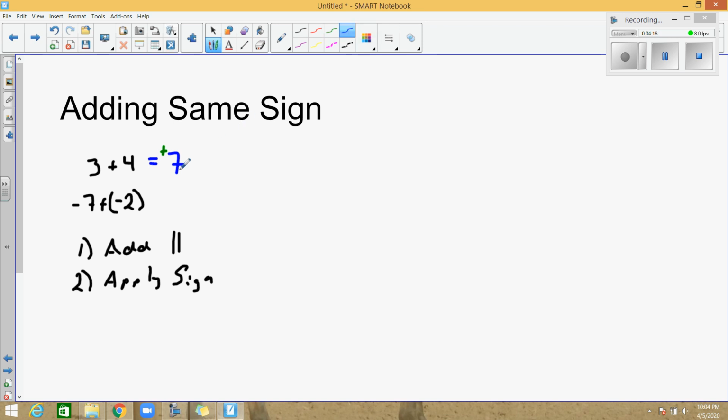All right? When it comes down here, this is where it makes a difference, because the absolute value of -7 is 7, the absolute value of -2 is 2. 7 plus 2 is actually 9. What sign is it? Well, it is negative, and I have to have that, because -9 and +9 are not the same numbers.